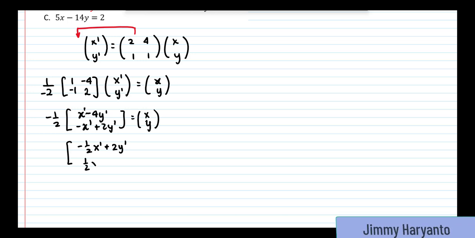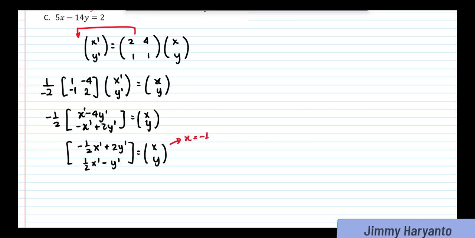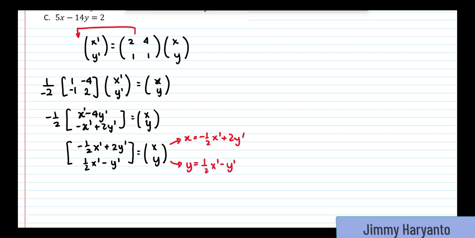For this one is half x prime minus y prime, equals x and y. After this, you will have x equals negative half x prime plus 2y prime, and y equals half x prime minus y prime.